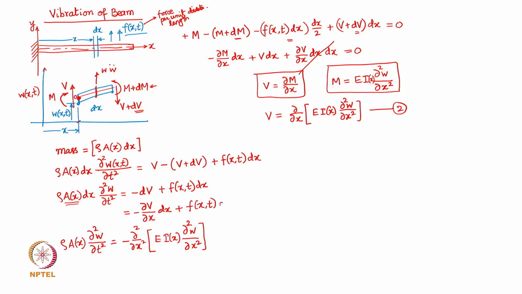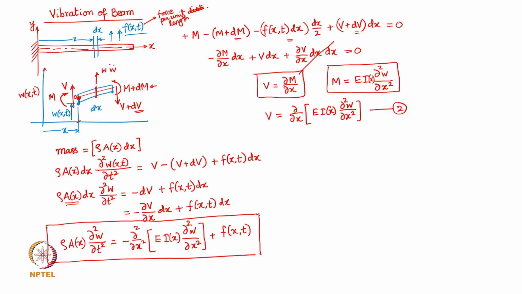So therefore we add to this f of x comma t dx getting cancelled throughout. Yeah, so this is now our governing equation of motion for lateral vibration of a beam.